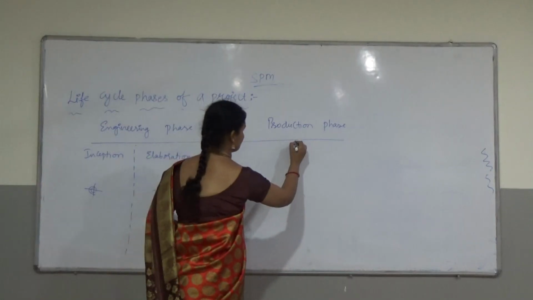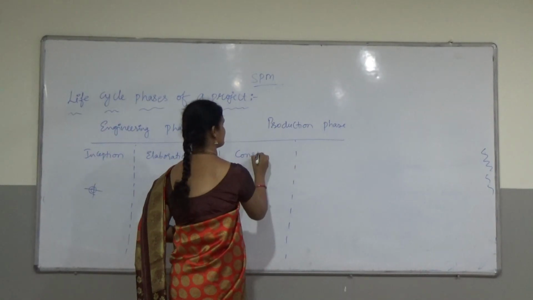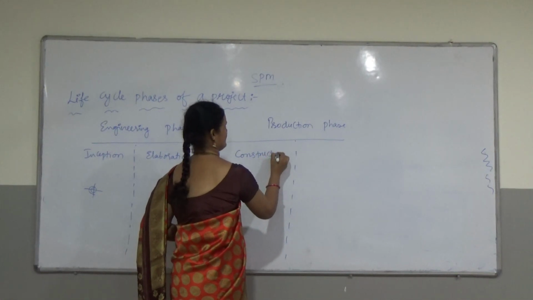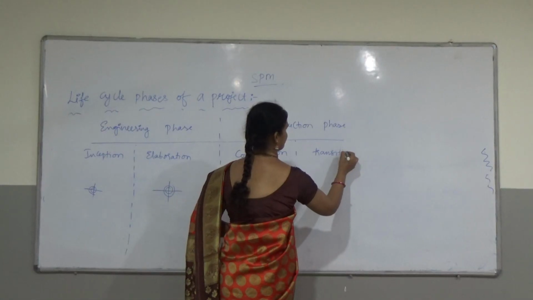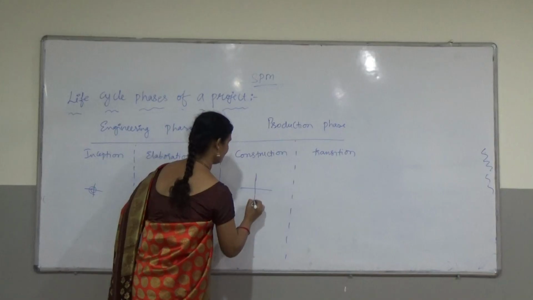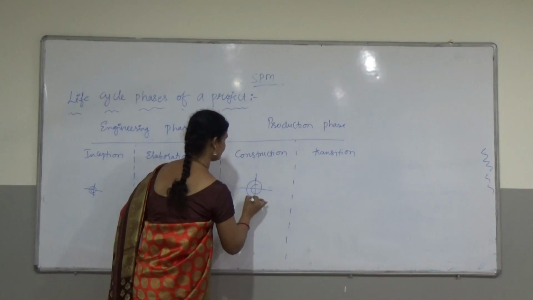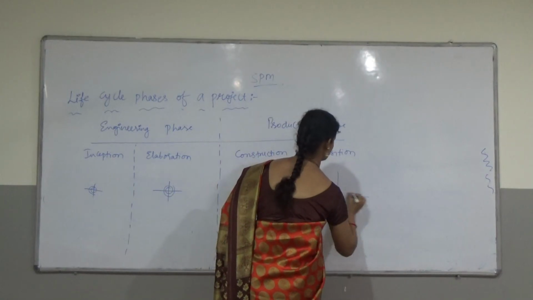And the next one is the construction phase, and the last one is transition. In the construction phase we are moving a little bit further, and the last one is the transition phase.